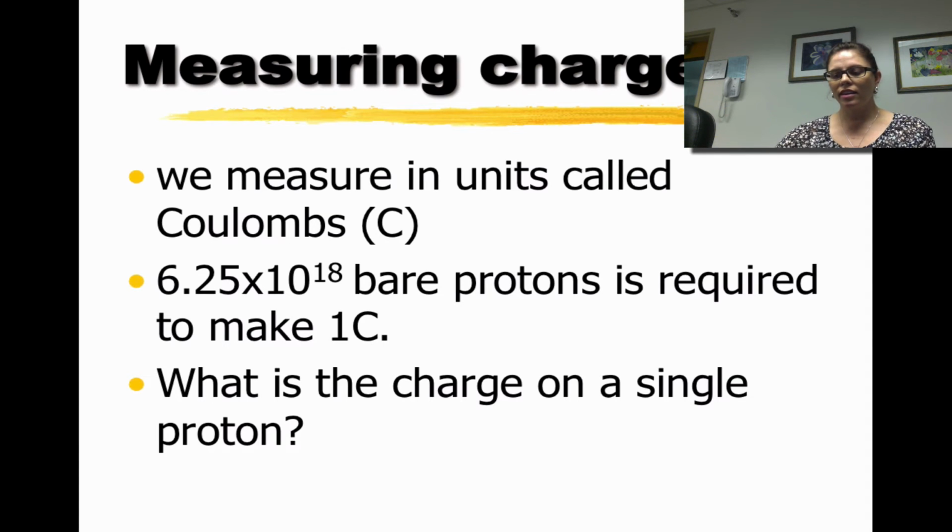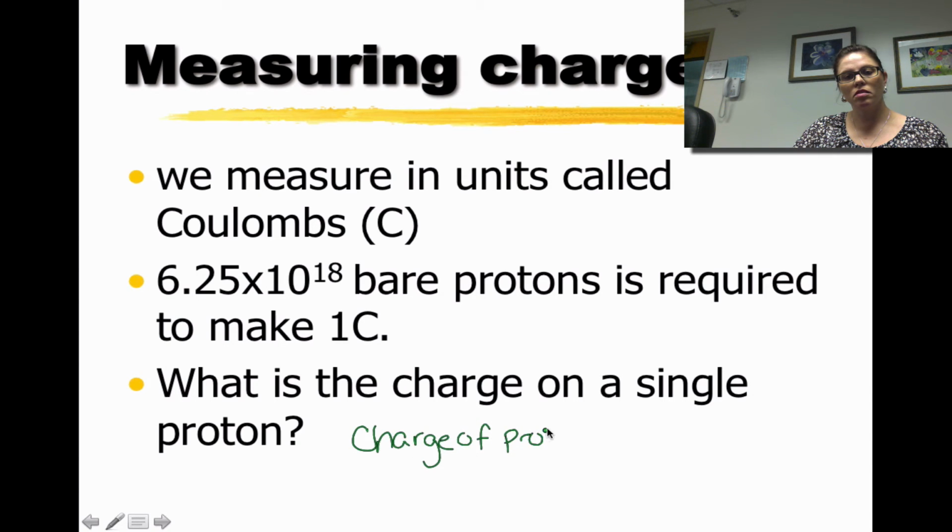Welcome back. Okay, so if it takes 6.25 × 10¹⁸ bare protons to make a coulomb, then we know the charge of a proton is 1 divided by 6.25 × 10¹⁸.